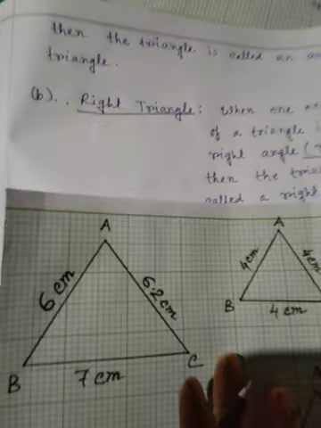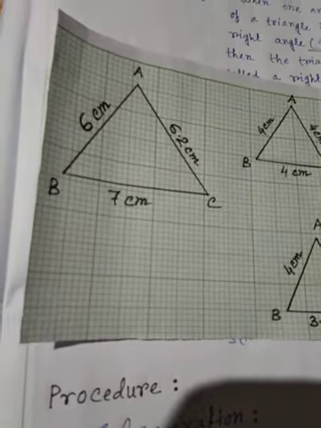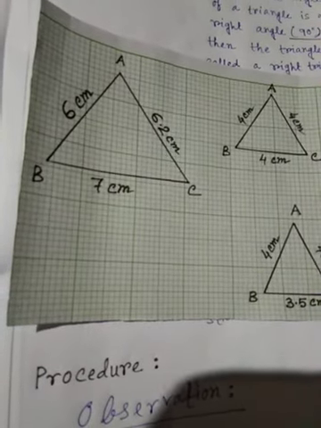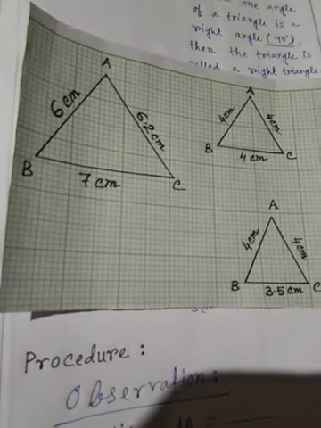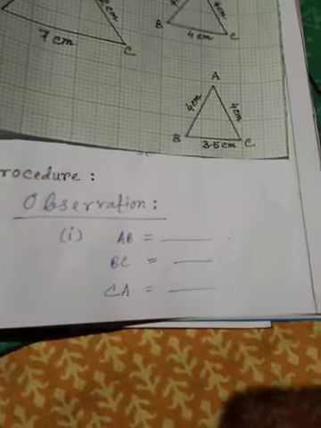Then in figure 1, BC equals how much, and finally CA equals how much, you have to write in this way.